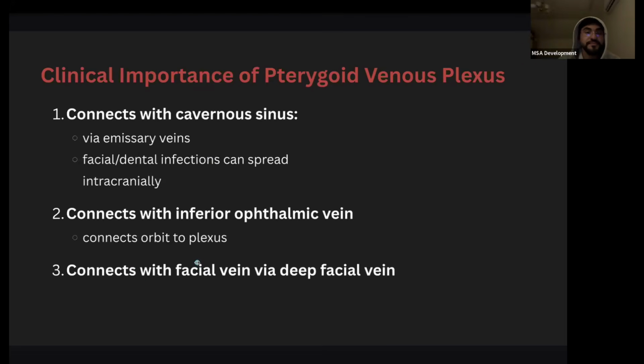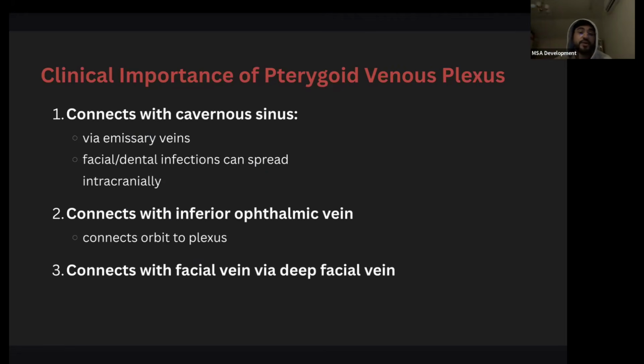Okay. Now, why is it clinically important? Because it connects to the cavernous sinus via the emissary veins. Oh my God, again, the emissary veins. So this is what we call, remember, the dangerous triangle of the face, right? So any facial or dental infection can spread intracranially through the emissary veins from the pterygoid venous plexus.